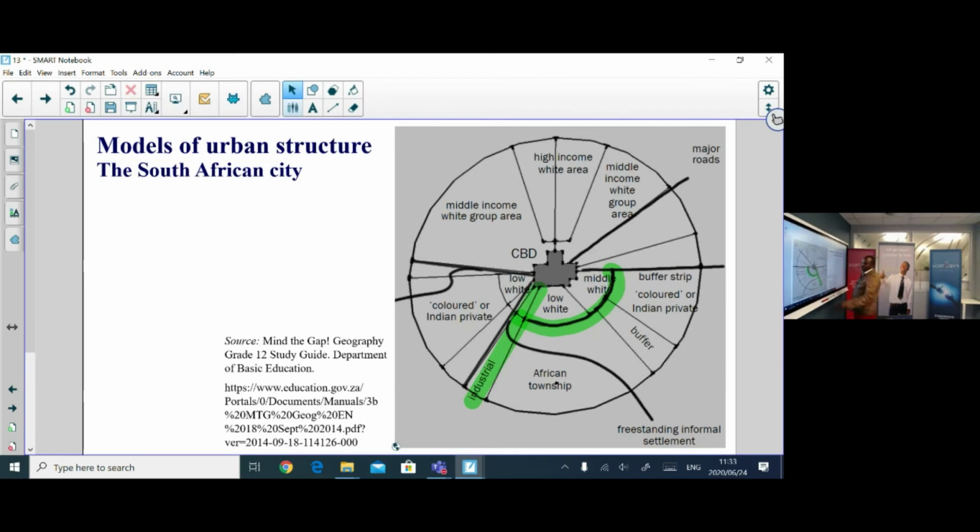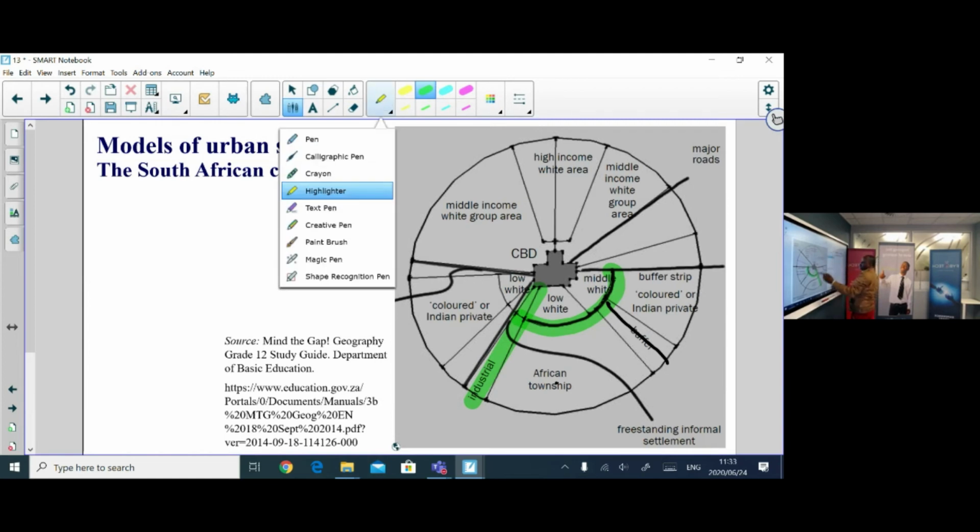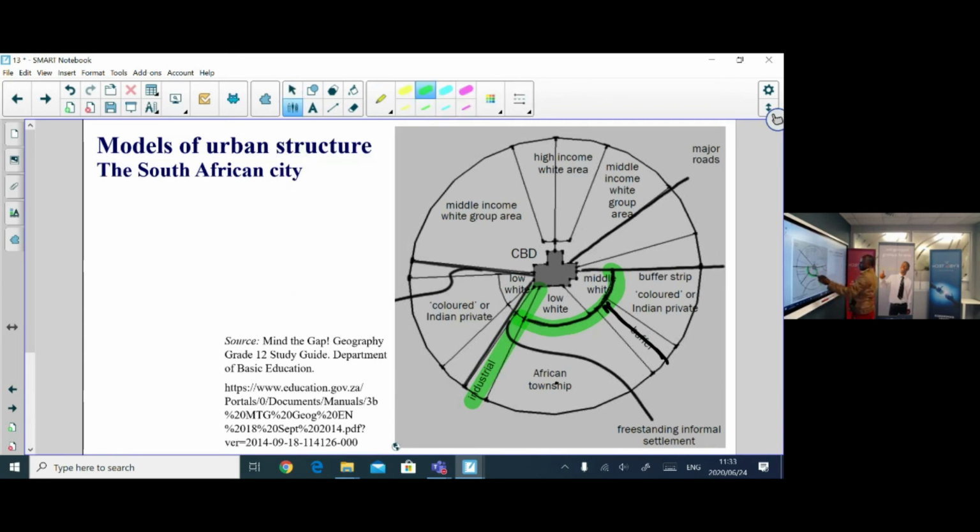Then we have a buffer zone, which could be just an undeveloped area, maybe just a bush, and this is dividing the African township from the colored or Indian township.